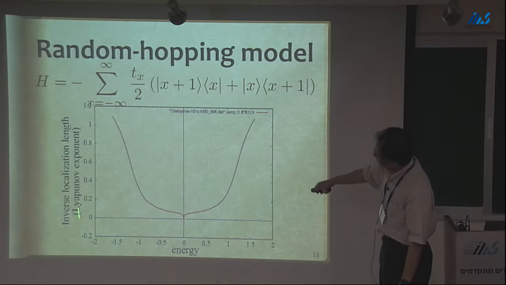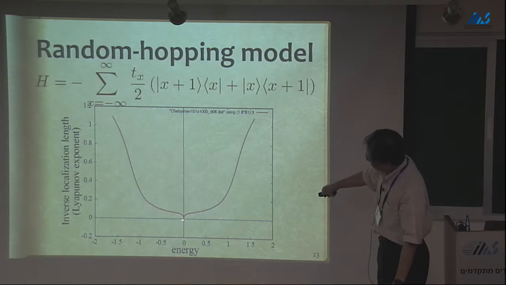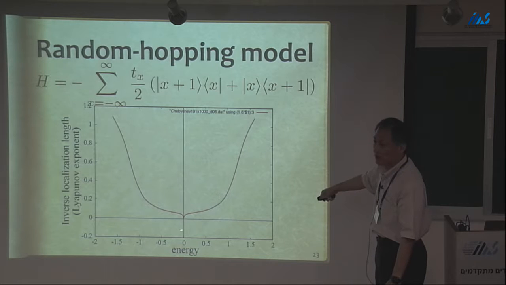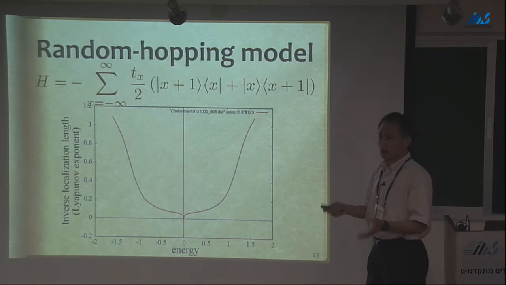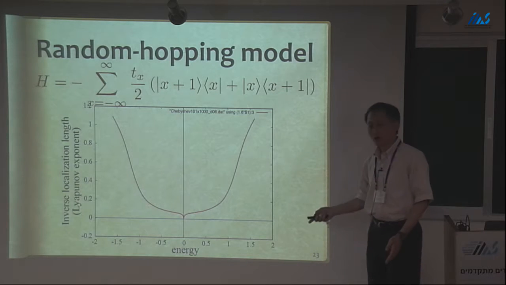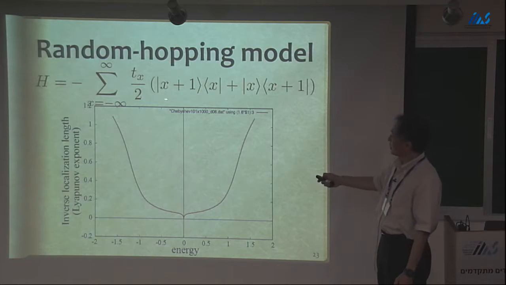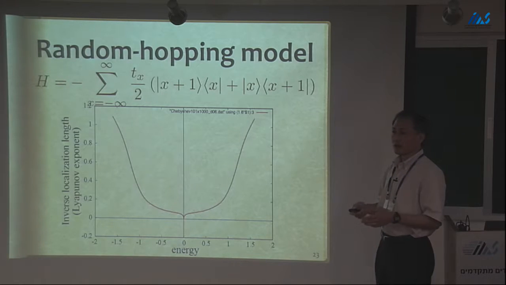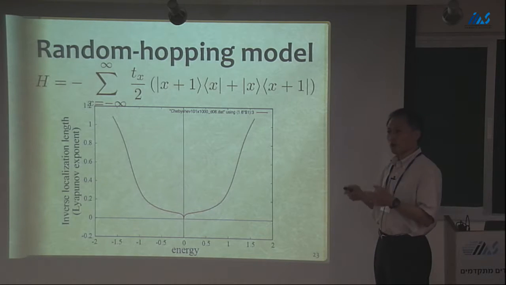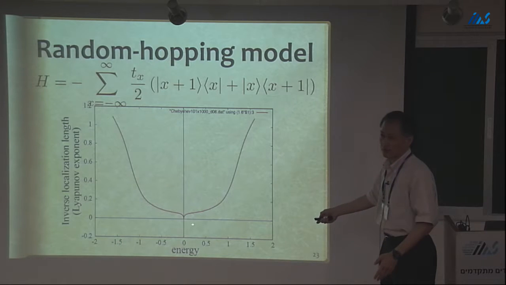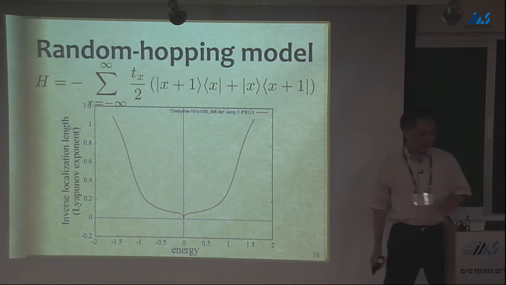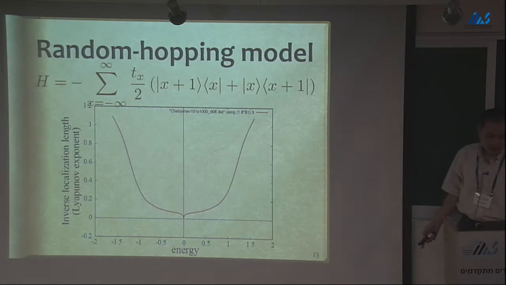Then the inverse localization length looks like this, and it actually touches 0 here. This is an exceptional case where we have an extended state even in one dimension. Because of this, if we introduce G for this Hamiltonian, there are complex eigenvalues immediately around here. So that's one comment.